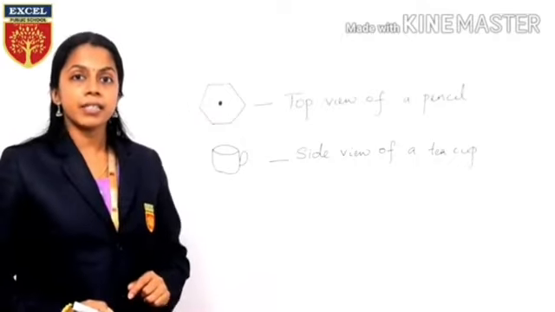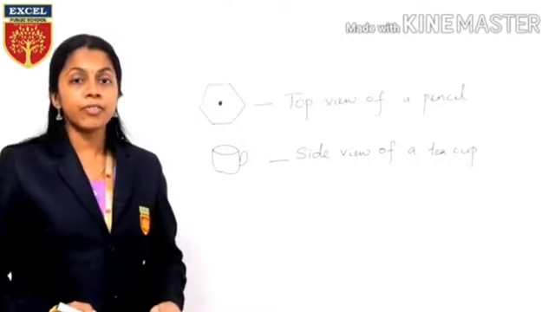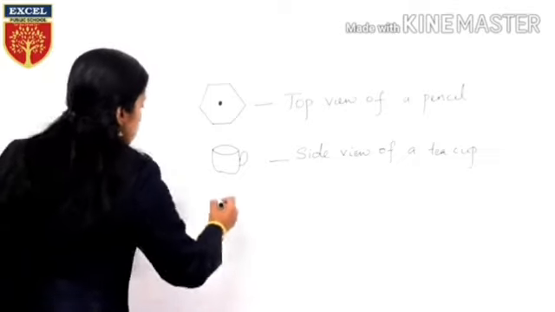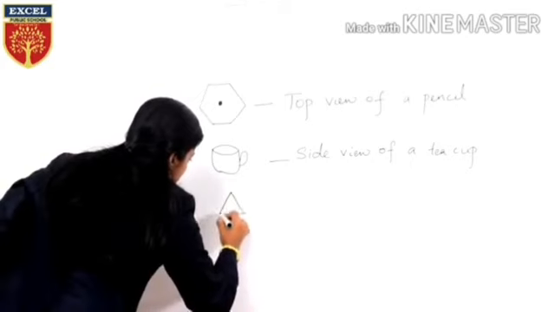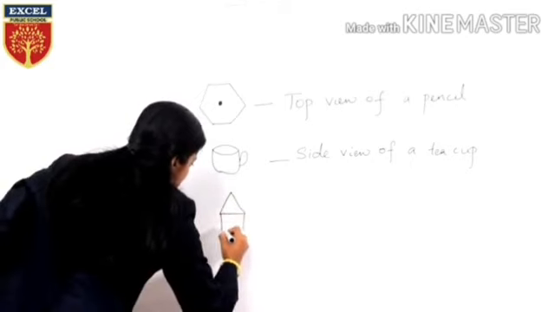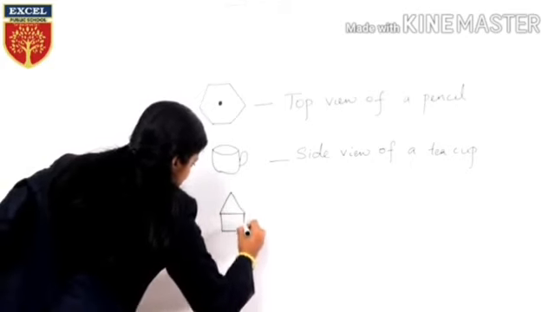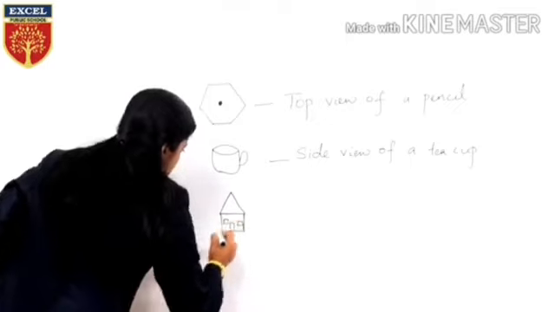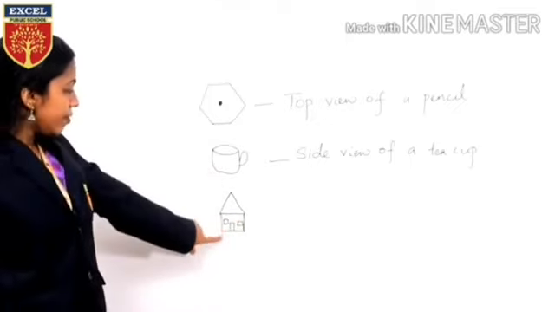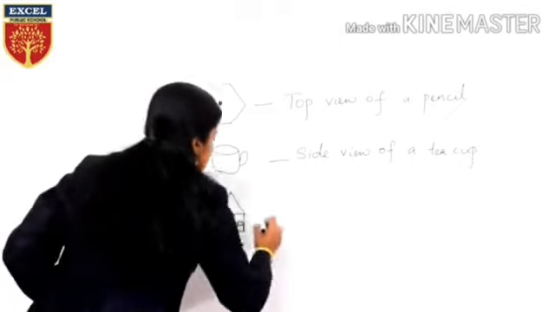Then the last one is draw the front view of a house. This is the front view of a house.